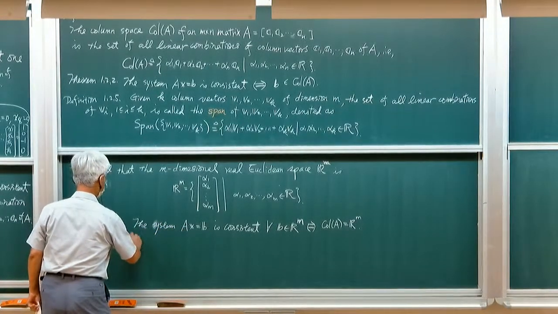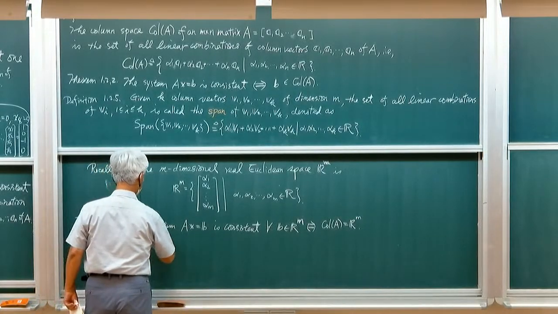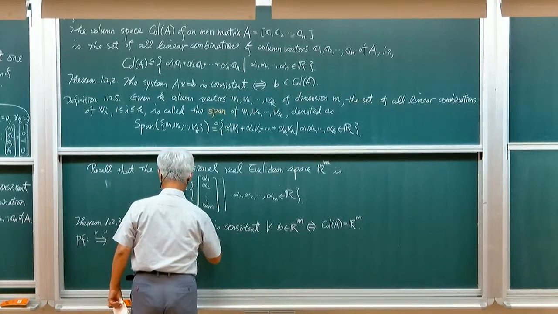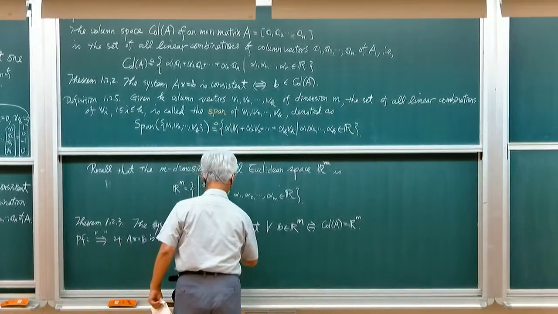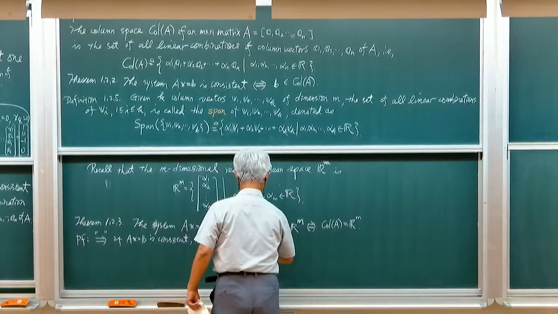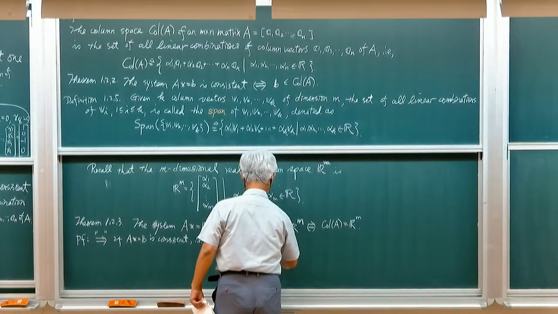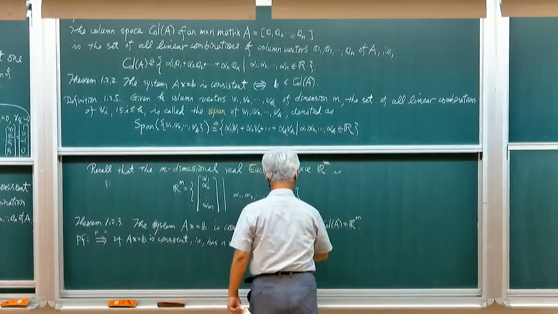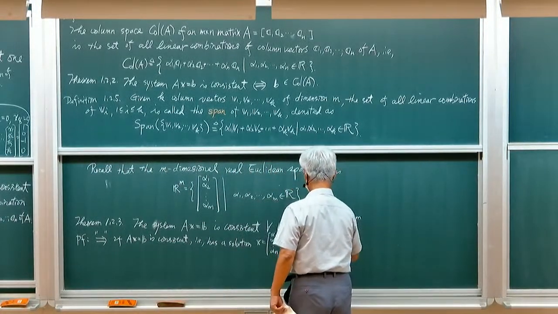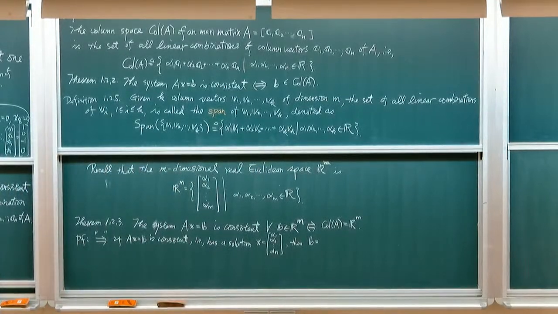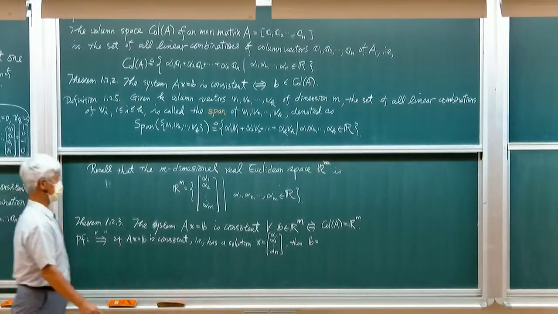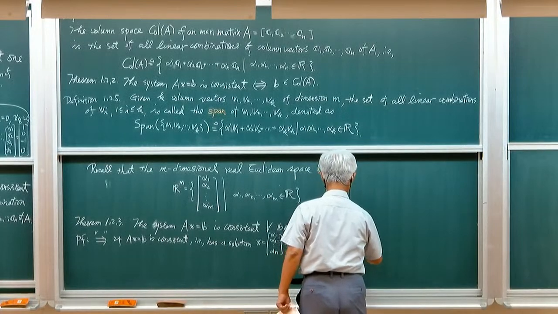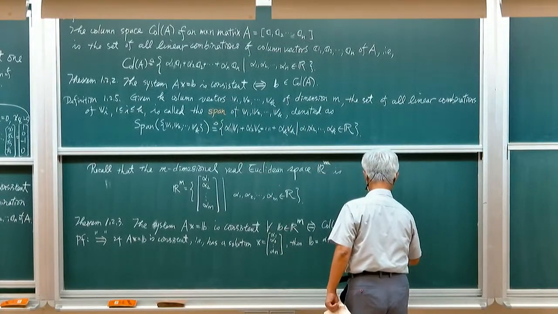If AX equal B is consistent, i.e., has a solution, okay, then B is, because of this expression, alpha 1 A1 plus alpha 2 A2 plus and so on, plus alpha n An.